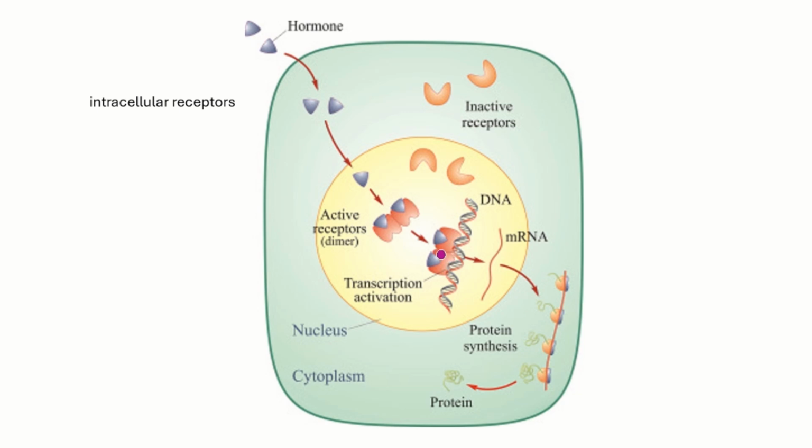Then this acts on the particular DNA and transcription takes place. The mRNA is released out into the cytoplasm, and the necessary protein is synthesized in the cytoplasm. This is the way the hormone reacts with the cells.